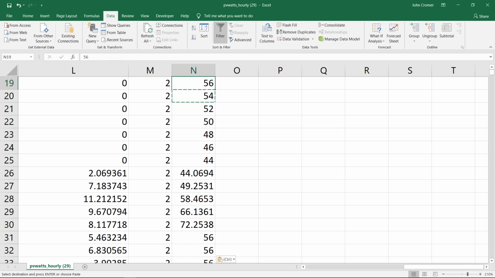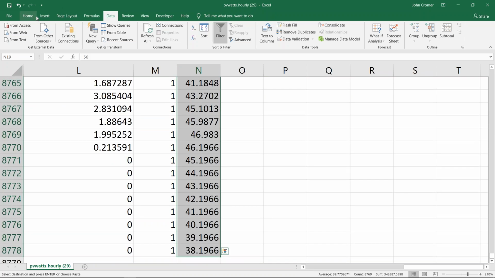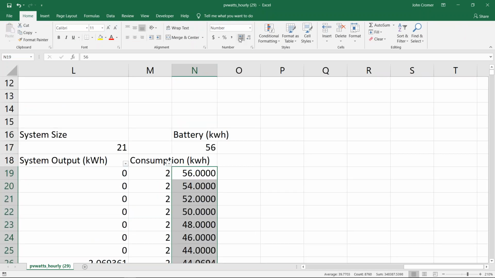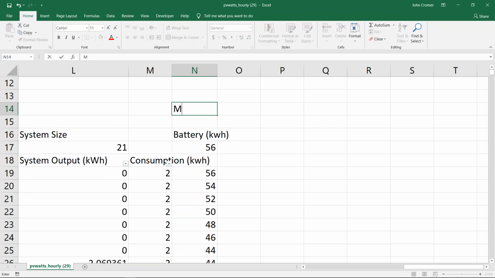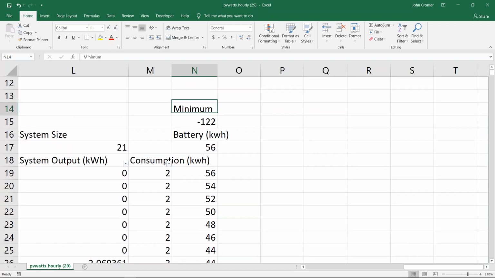All right. So here is our battery bank for the entire year. Let me try and clean up the numbers a little bit here. What we're going to do is explore this to see how negative we get. 122.